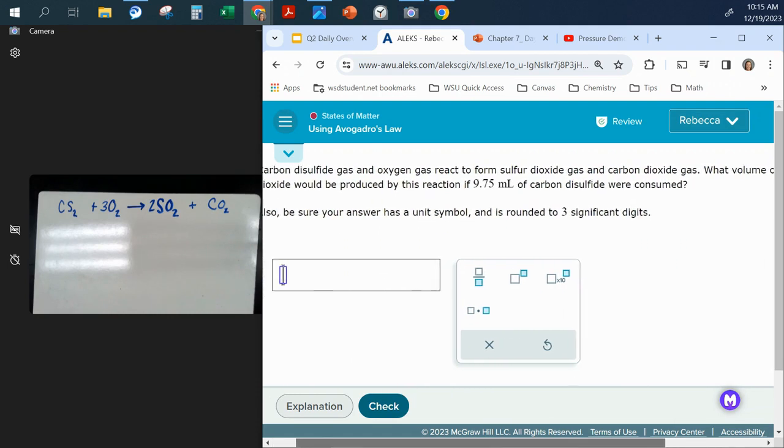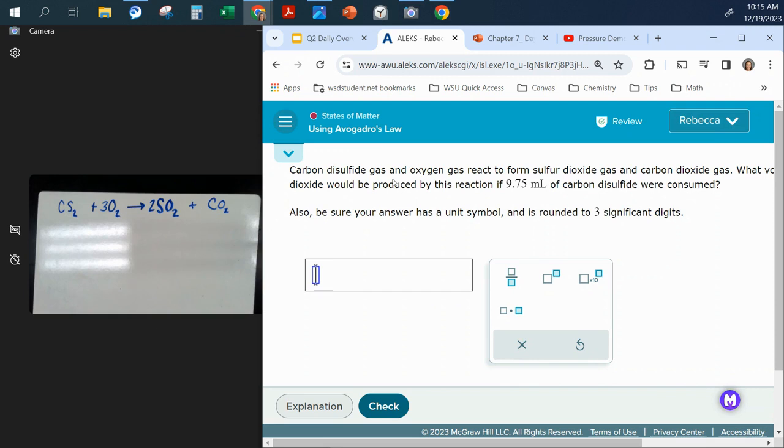So this says what volume of carbon dioxide, so we're looking for liters of CO2, would be produced by this reaction if 9.75 milliliters of carbon disulfide were consumed.